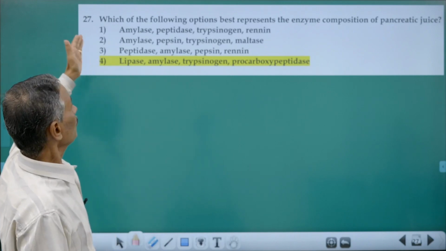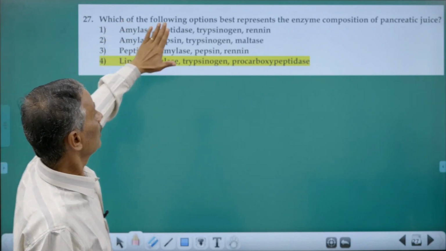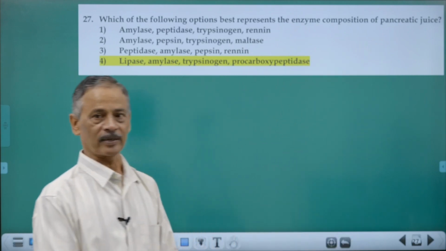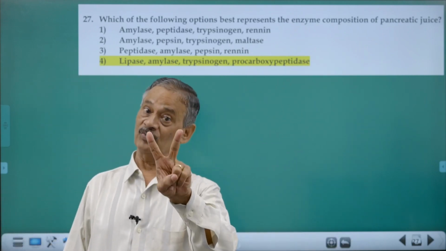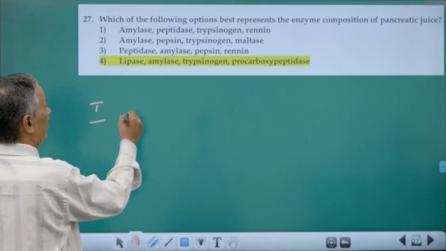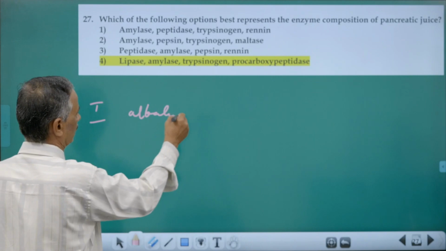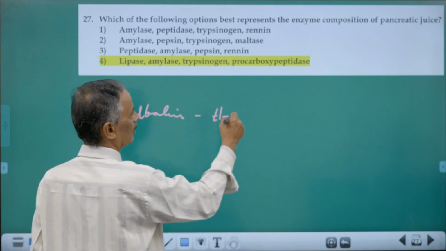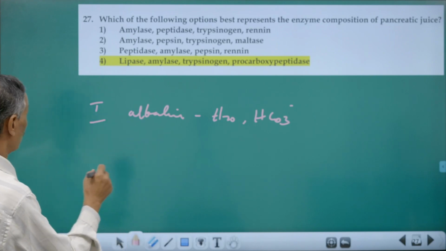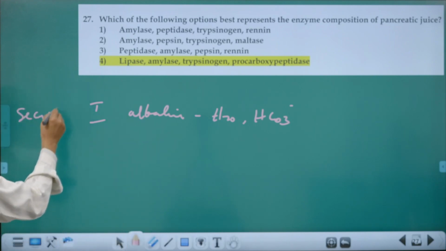Then, which of the following options best represents the enzyme composition of pancreatic juice? Remember, the pancreas produces 2 types of secretions. The first secretion is only alkaline. It contains water and bicarbonate. This is under the control of secretin.